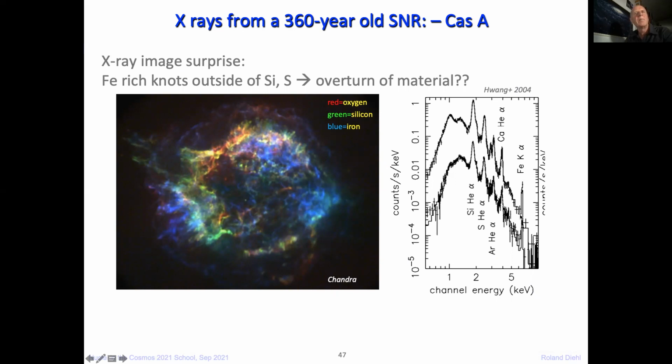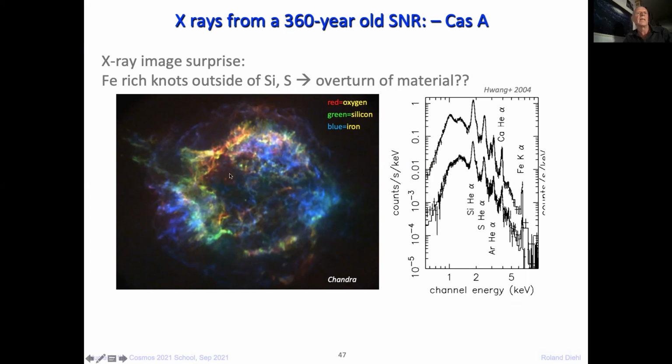So making such an image with an imaging X-ray instrument, you can get an idea of where the oxygen, silicon, and iron would be. And in this case, the puzzling message of the image was that you had some iron-rich knots, like out here or there, that would seem to be outside of the oxygen and silicon.